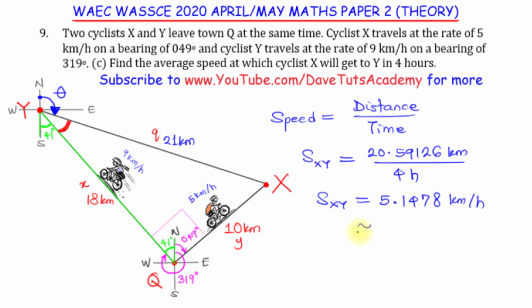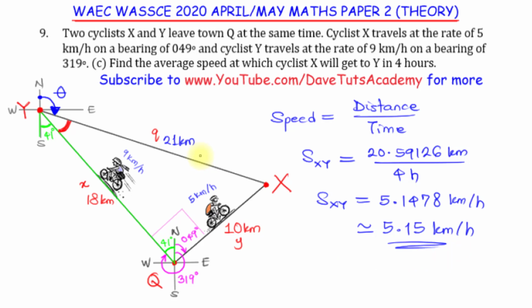This is quite long. We can just take some little approximation: this is nothing but 5.15 kilometers per hour, because if we take 7, we round it up to 1 and add that 1 to 4 to make 5. So the average speed at which cyclist X will get to Y in 4 hours is nothing but 5.15 kilometers per hour.